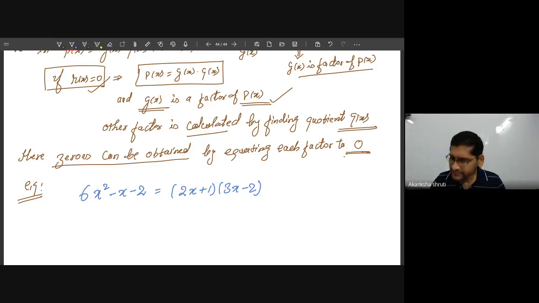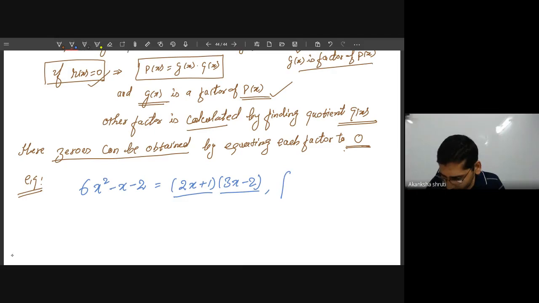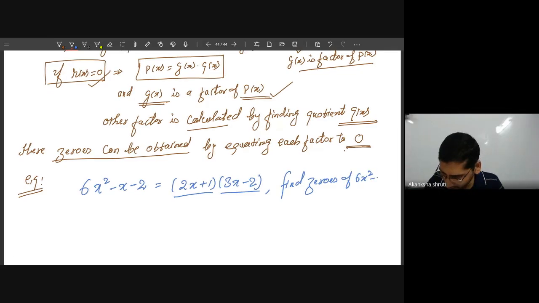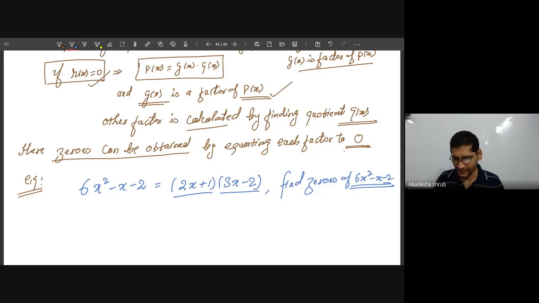So these two are the linear factors, and if you are asked to calculate the zeros, then you have to find the zeros of this 6x square minus x minus 2. We are interested to know what the zeros of this are.